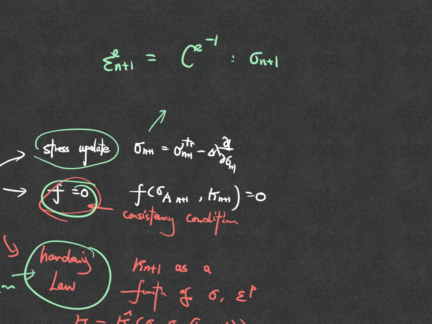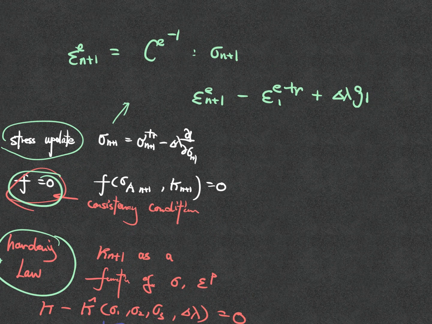So I would get something like this. I would simply have epsilon n plus 1 minus epsilon 1 plus delta lambda g1 equal to 0.